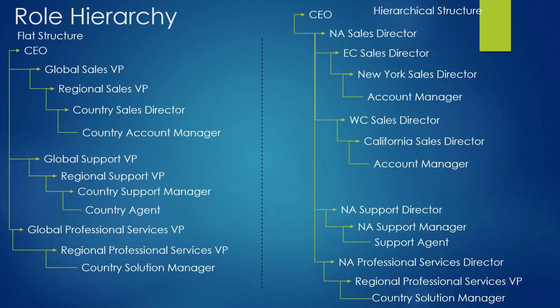Now, how can this vary? I'll take this example, the scenario I'm talking about. My sales should be able to see only the accounts which they own. For example, my country account manager who is managing a single country should be able to see only the accounts that are part of the country, so he is going to own the account.